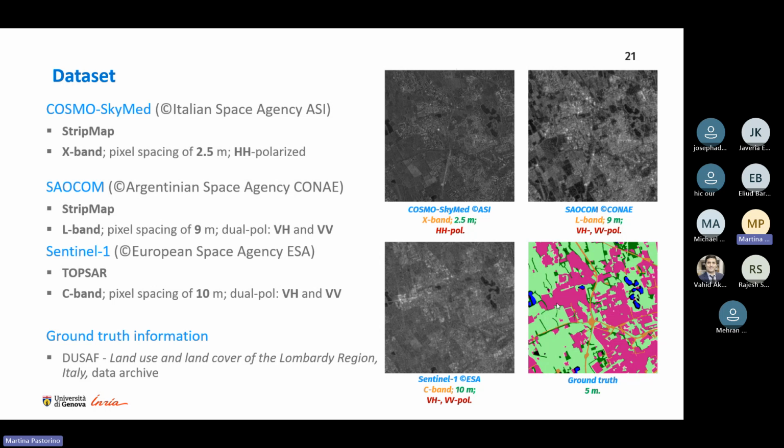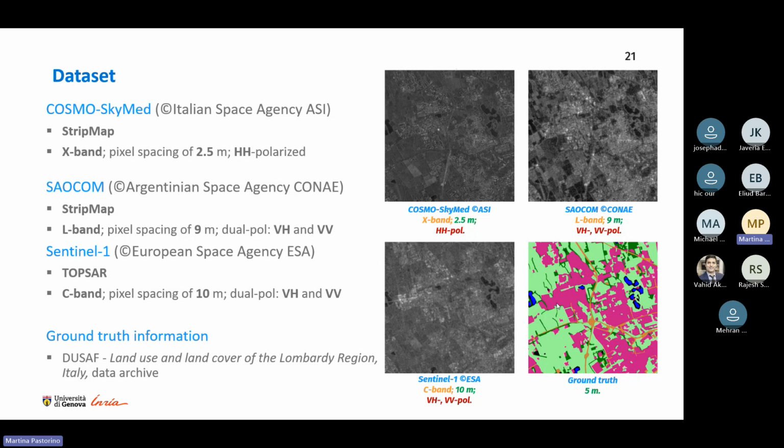We have X, L, and C, different pixel spacing, 2.5 meters for Cosmo-SkyMed, 9 for SAOCOM, and 10 for Sentinel-1, and different polarizations. And we had the ground truth information coming from a land cover and land use archive from the region that we were considering, which was Lombardy in northern Italy.